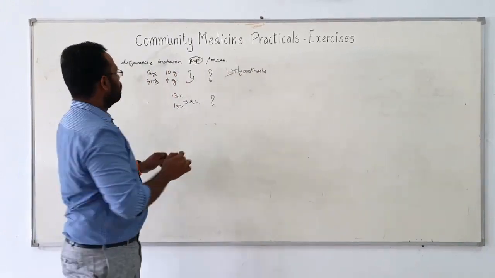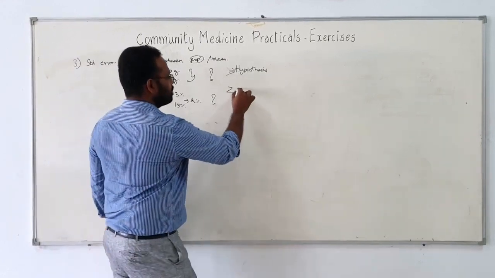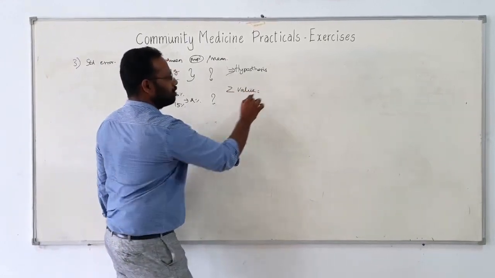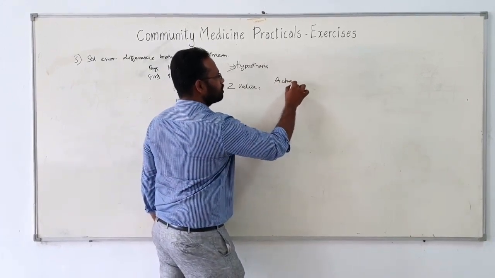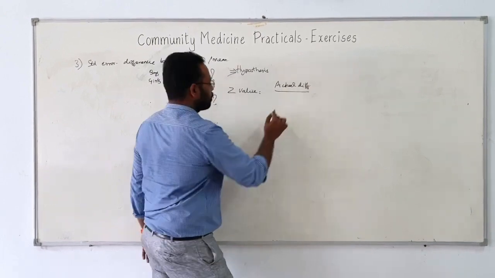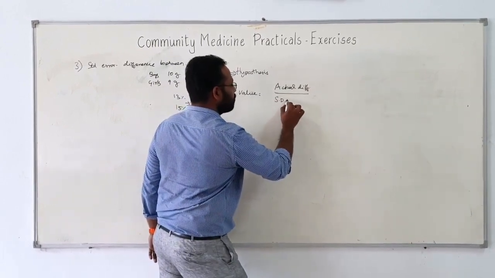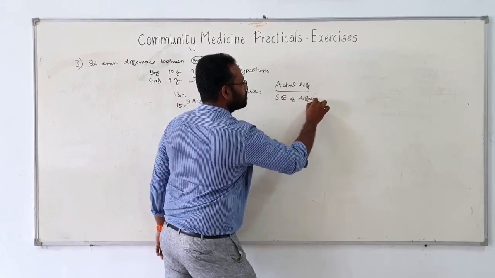So now this is our hypothesis. From this, we are going to calculate a z value, which is given by the formula actual difference divided by the standard error of difference between two means.